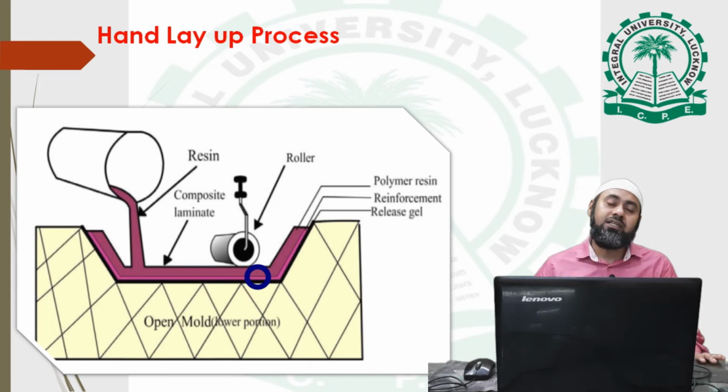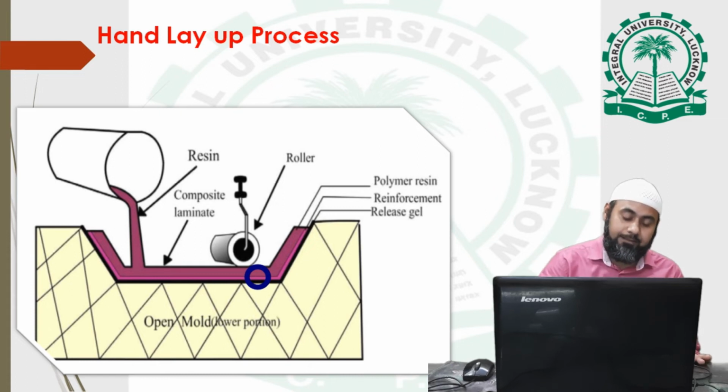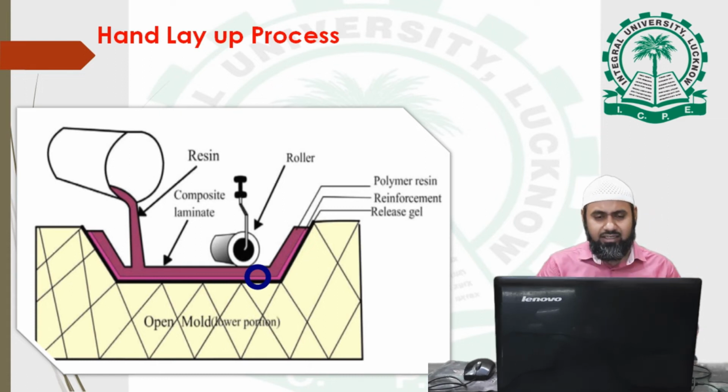And the second thing is we can control the quantity of polymer resin with the help of this roller. If the quantity of resin is more, we can remove it with the help of the roller. So there are various purposes, but especially in the hand layup process, we use it to control the quantity of resin and to remove the air bubbles trapped between the gel and reinforcement.